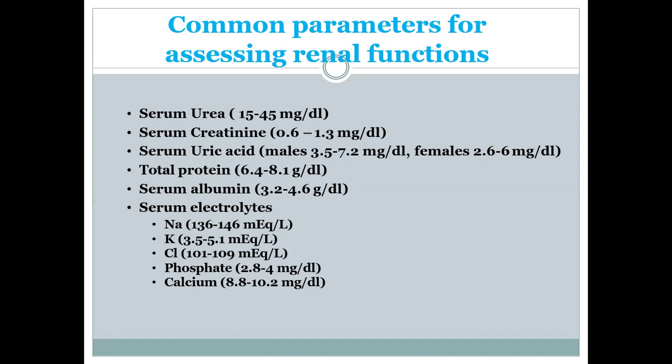Potassium is 3.5 to 5.1 milliequivalents per liter. Chloride is 101 to 109 milliequivalents per liter. Phosphate is 2.8 to 4 milligrams per deciliter, and calcium is approximately 8.8 to 10.2 milligrams per deciliter.